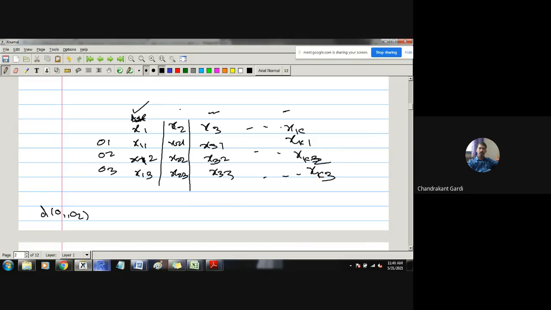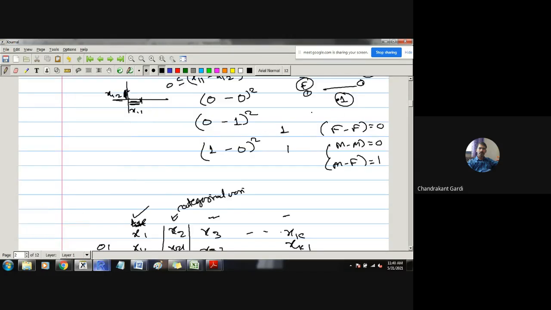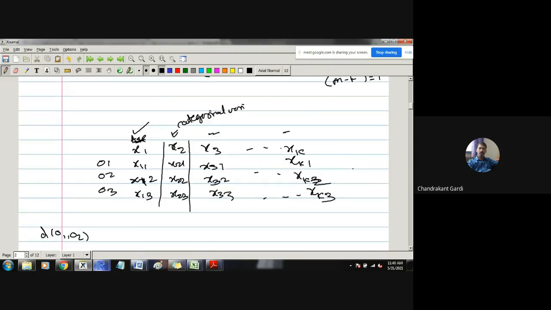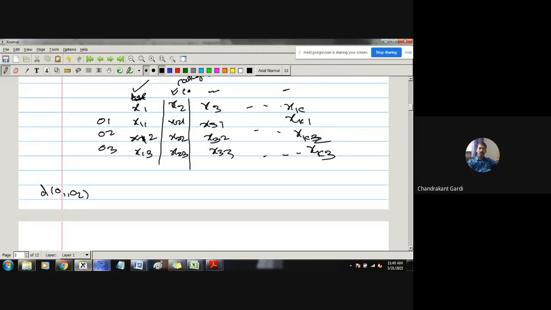Now suppose this x2 is a categorical variable, and therefore the direct method of calculating distance between two numbers cannot be applied here. Suppose x2 is color, and for the first unit it is, say, blue, this one is say black, and this one is say white.